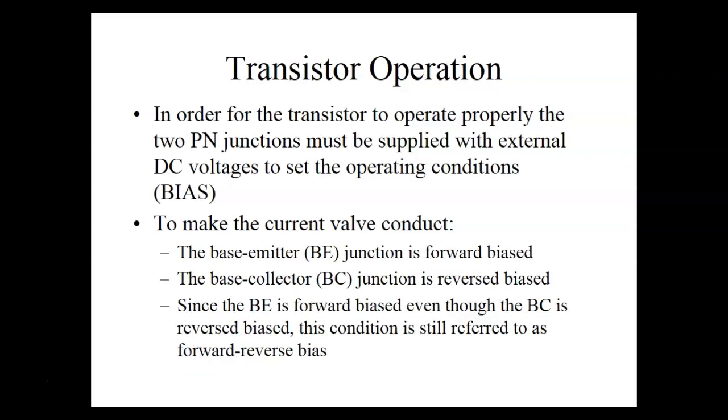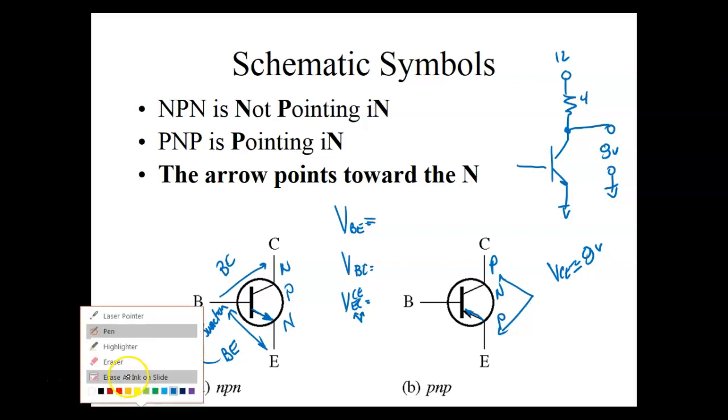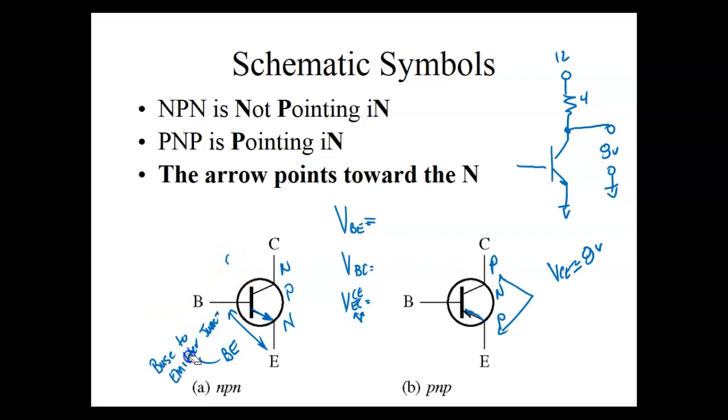In order for the transistor to operate properly, two p-n junctions must be supplied with external DC voltages to set the operating conditions, and we call this what? Bias. So to make this thing work, we're going to have to forward bias the base to emitter.